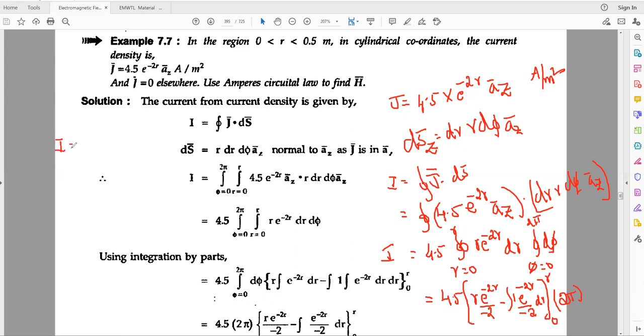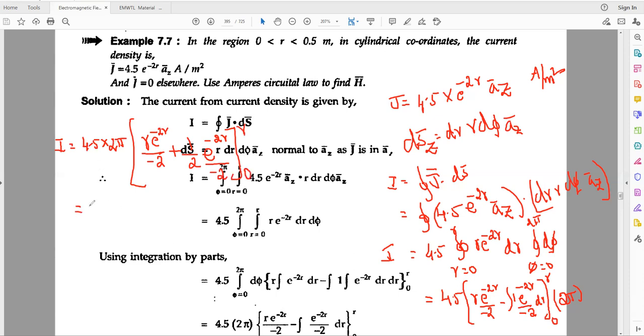Next, the current I is equal to 4.5 into 2 pi, which we got as the integral of d phi, and the other term r into e power minus 2r by minus 2. Already the minus into minus is a plus, 1 by 2 is already there, e power minus 2r by minus 2 with upper limit r and lower limit 0.